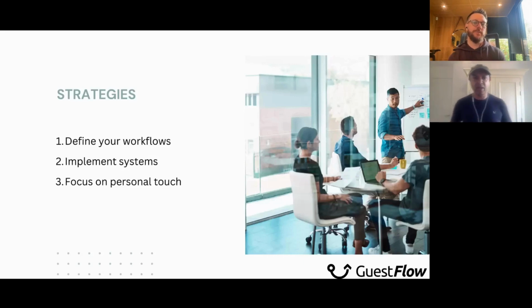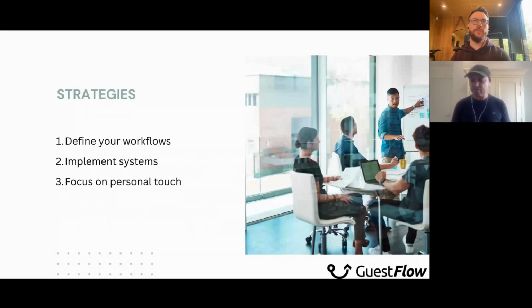Yeah, absolutely. Personal touch is really important. What we mean is that the guest feels special, right? They don't want to feel like every man and their dog. They want to feel like you care about them. You can achieve this with some level of automation, absolutely.